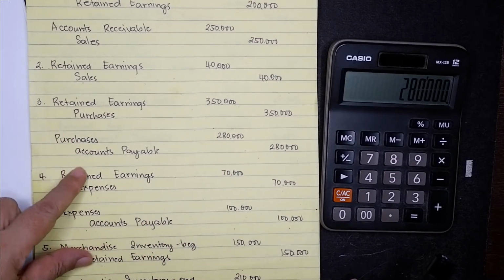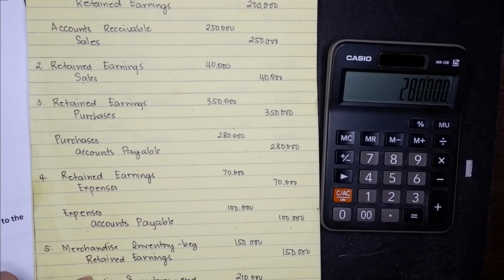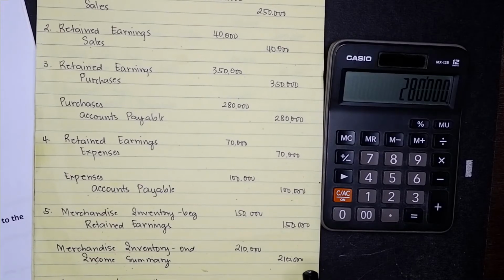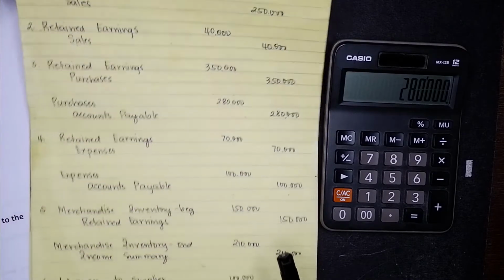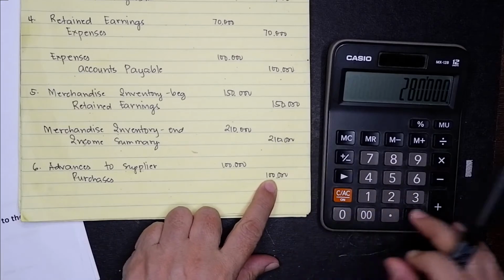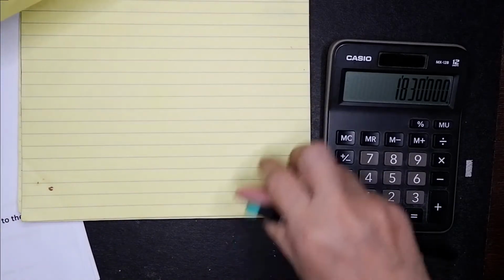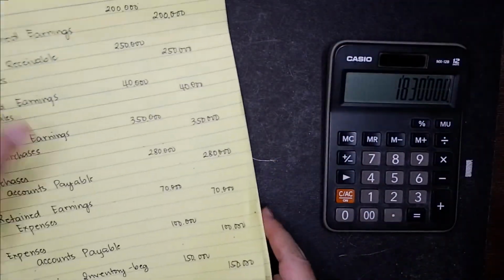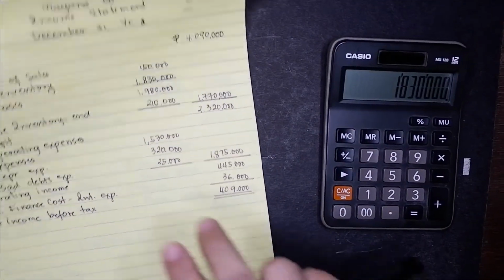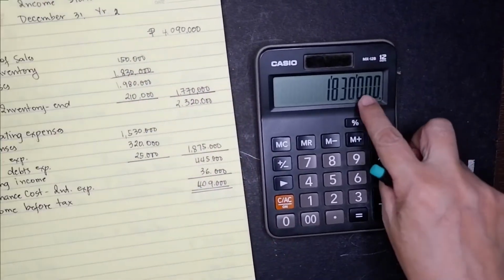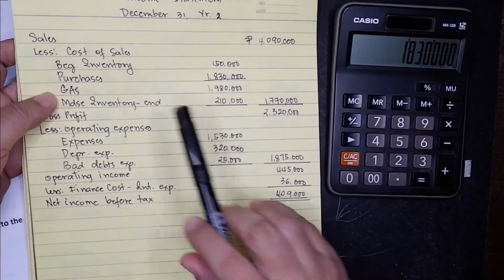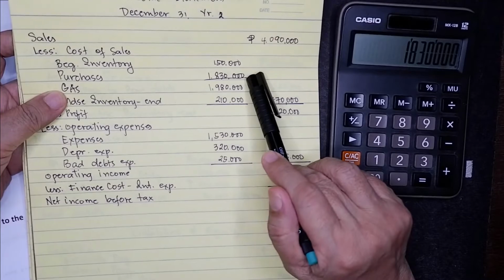And then we have expenses, purchases minus yung advances, minus 100. So, our adjusted purchases is 1,830,000.